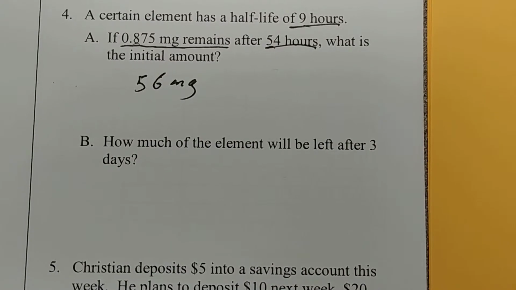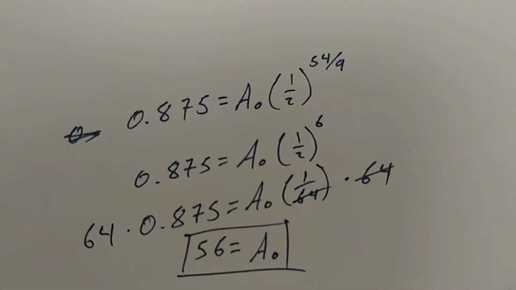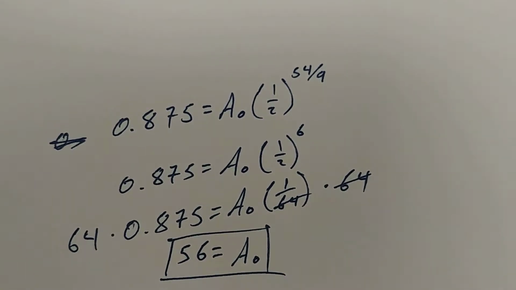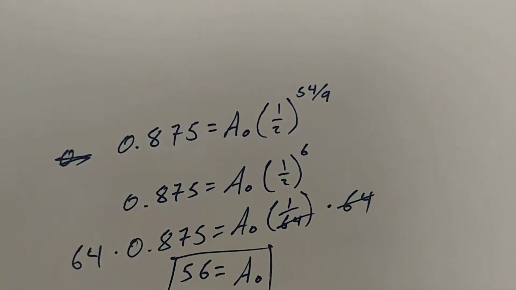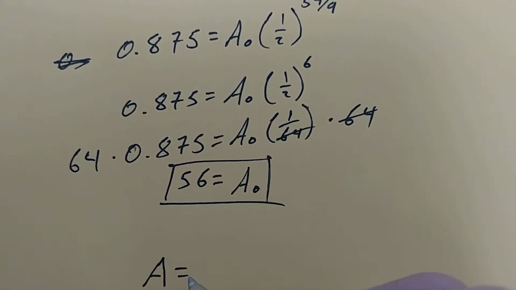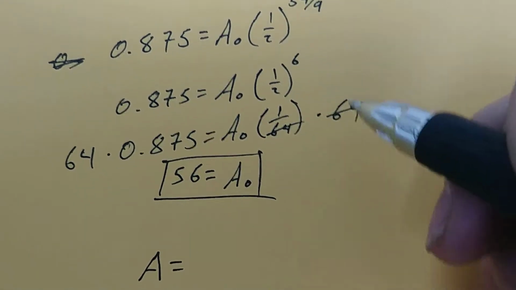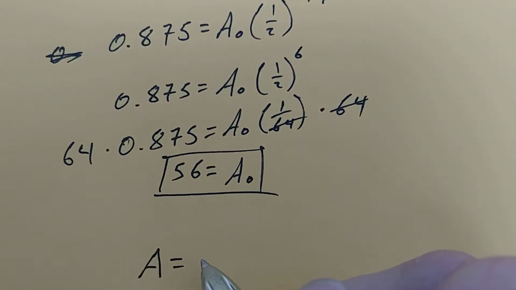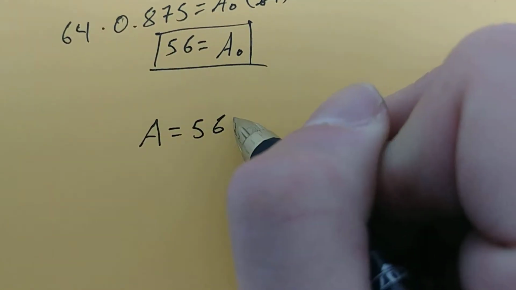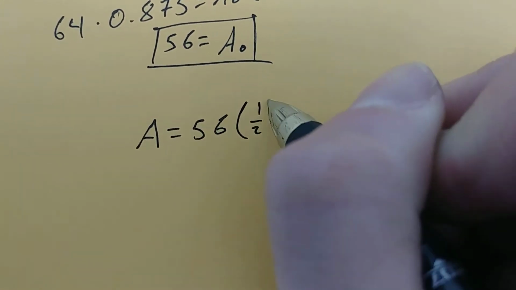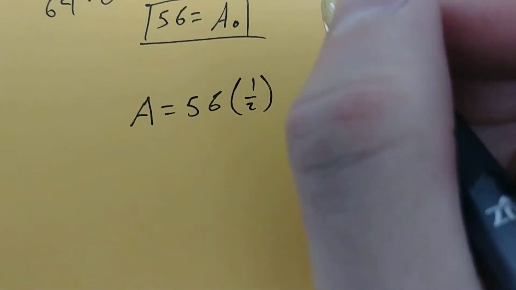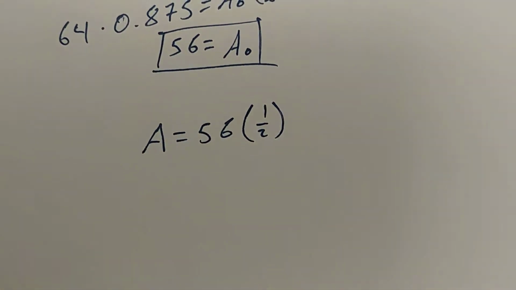So after 3 days, we're going to use the exact same equation. But we want to know what's going to be the total after 3 days. Now I know my initial amount is 56 times the 1/2 raised to the, my time, it's 3 days. That's going to be 24 hours per day in 3 days.